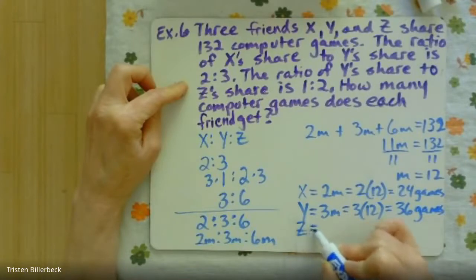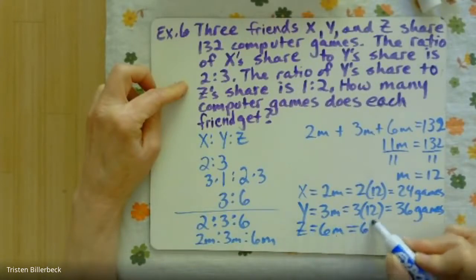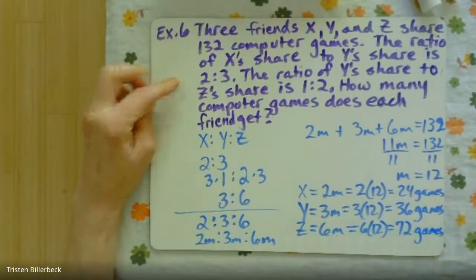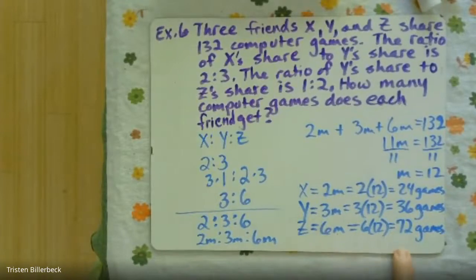And Z equals 6m, which is 6 times 12, which is way too many games for one person to have and actually do well in school and get some sleep. So this friend has 72 computer games. That's way too many.